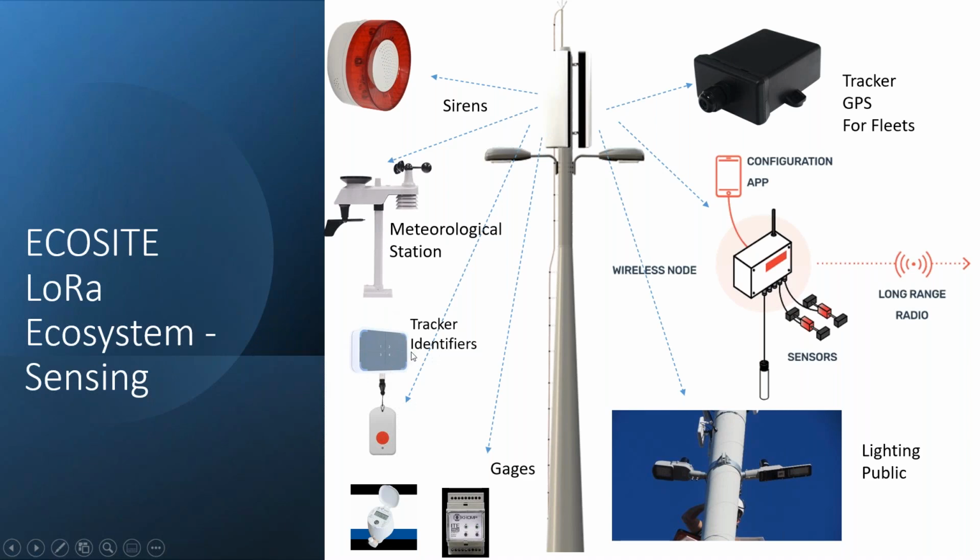This is a button for tracking. This is a badge with a panic button. Meters, I mean water and electricity. Trackers for fleets and geosensors. But this is not alone. If you want, you can do public lights too.